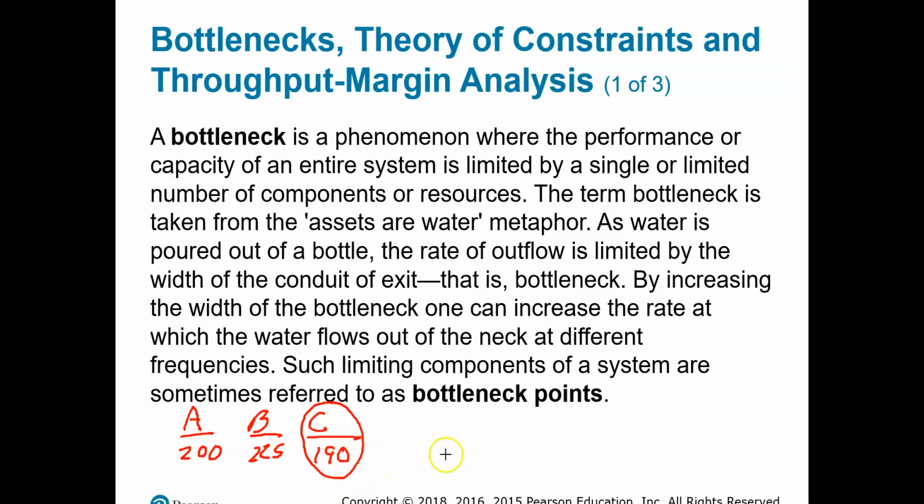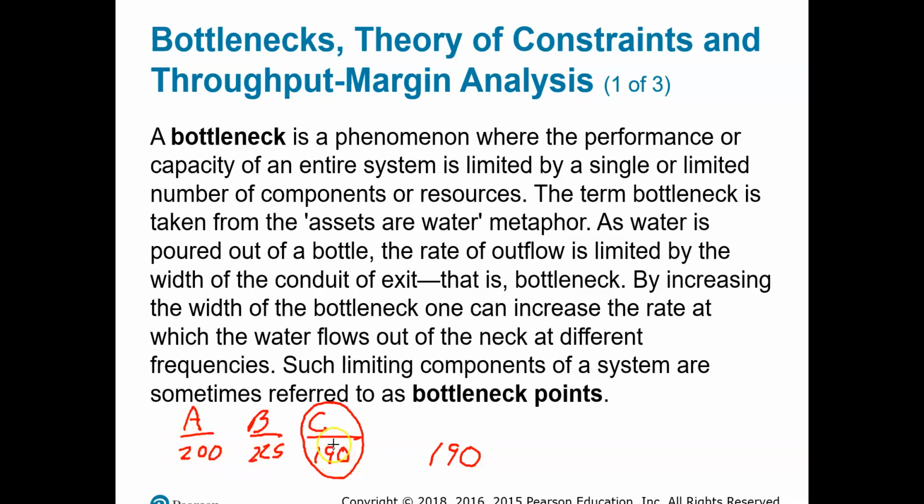So here, in any given day, I can only output 190 units per shift. Why? Because I can make more and open up capacity in Department A or Department B, but will that additional capacity matter?